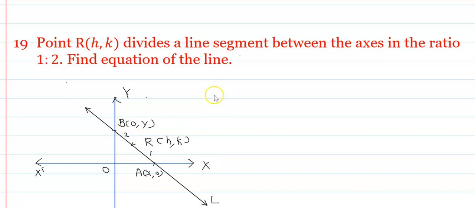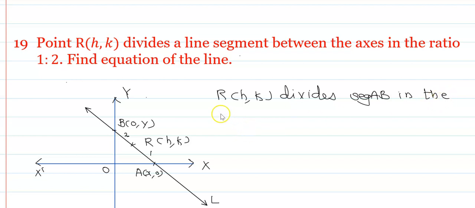Therefore, we write here R(h, k) divides segment AB in the ratio 1:2.